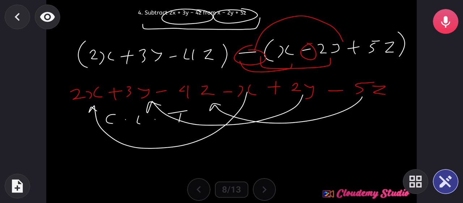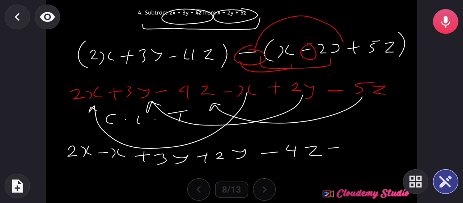Therefore, we're going to be having 2x minus x plus 3y plus 2y, then minus 4z minus 5z, right?